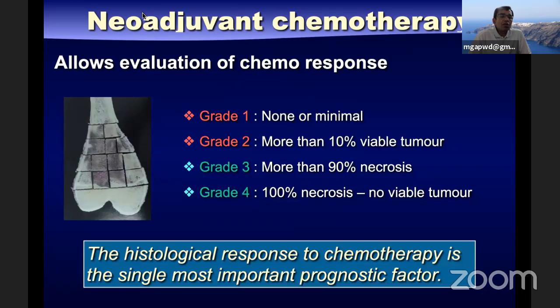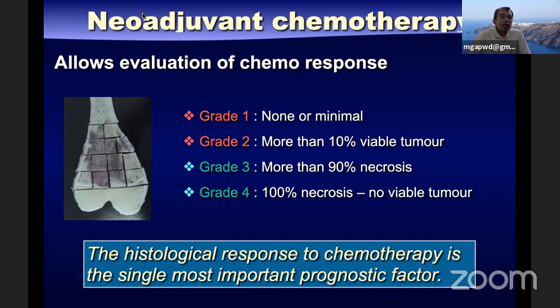What is done to assess this necrosis is that you grid the specimen. So you section the specimen in the sagittal and the coronal planes, as you can see here. You divide them into blocks, and then you take sections from each block and calculate what is the percentage of cells which are living and what is the percentage of cells which are dead.